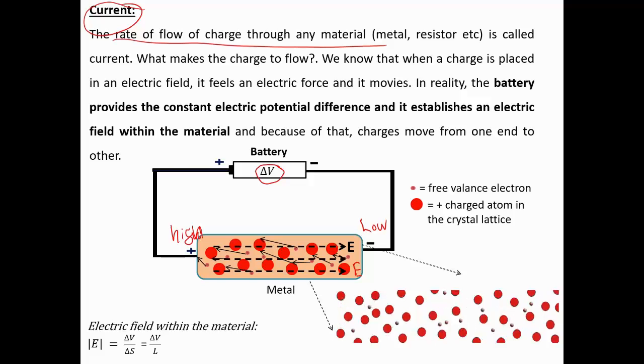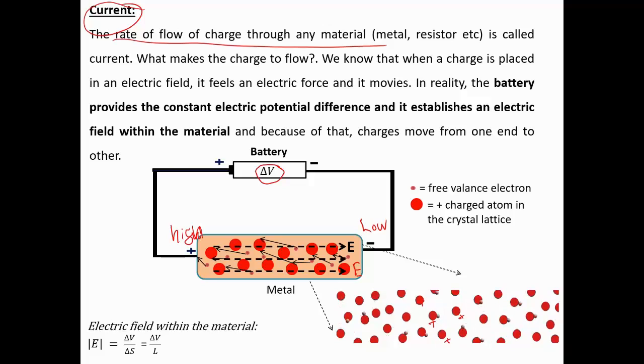This little animation shows that these tiny particles are the electrons, whereas these are positive ions, big ions. They don't move. The positive charges in a solid crystal do not move because they are tightly bound. Only electrons are the mobile charge carriers.